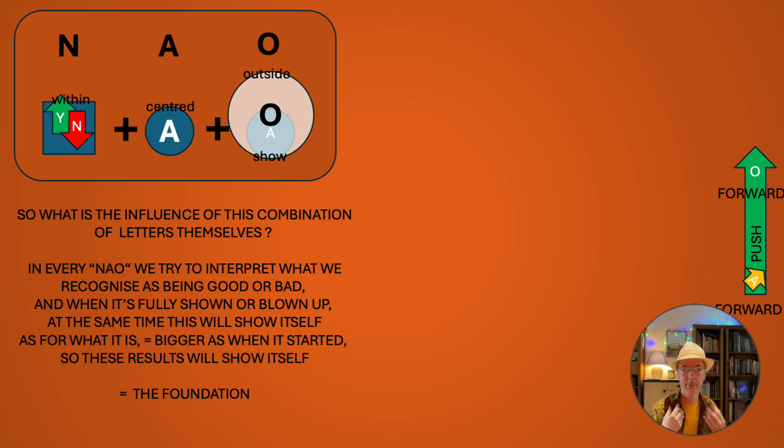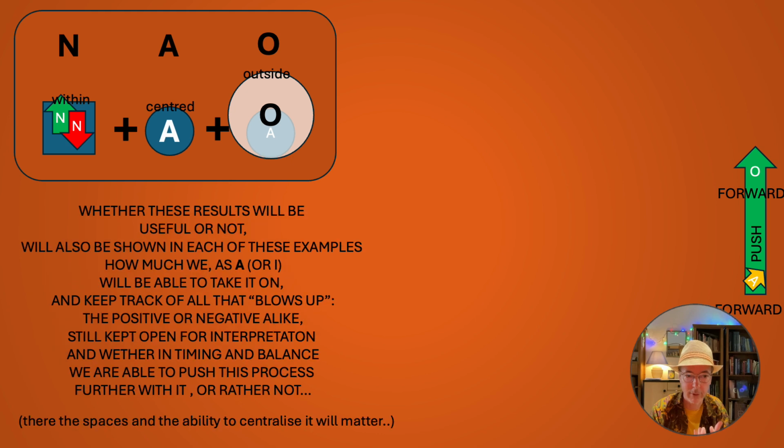We try to interpret here what we recognize as being good or bad, and when we really have it as an unfolding situation where everything is blown up or fully shown, these engagements will show it really is for what it is, and it will be bigger than we started, and the results will show itself as a foundation of this combination of words.